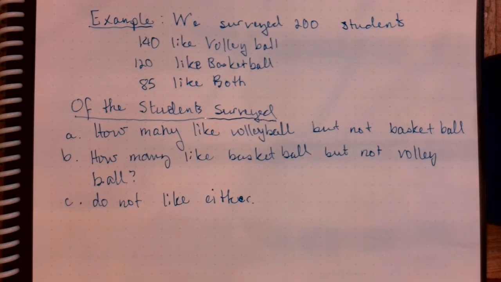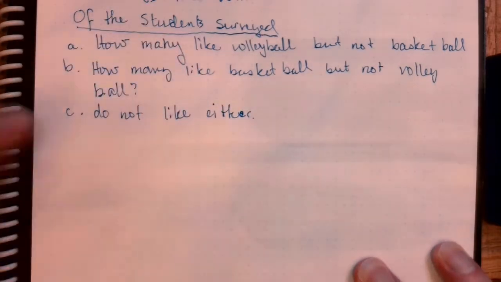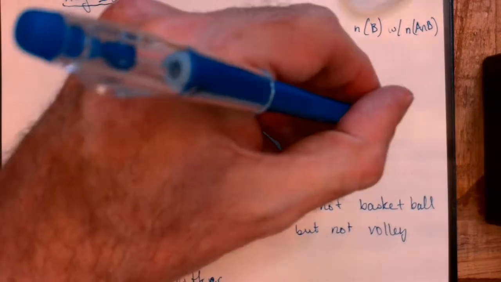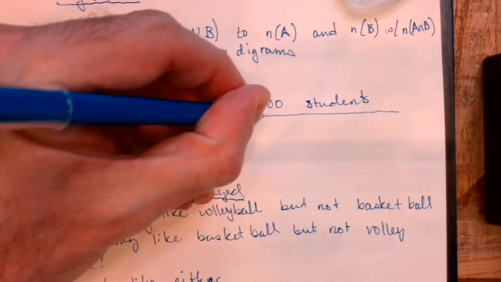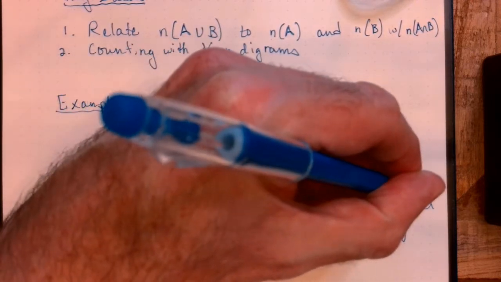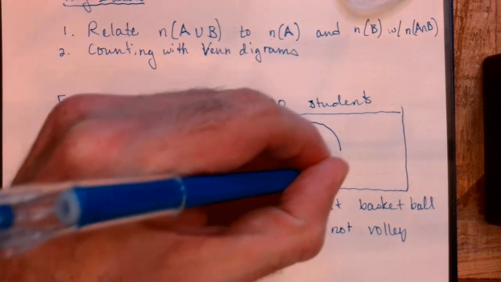Okay. Now, to help figure out this answer, I'm going to use a Venn diagram. In fact, maybe I'll draw the Venn diagram right up here so it's right next to the information. Okay, so as always, we have a box representing the universal set, and then we have two circles.